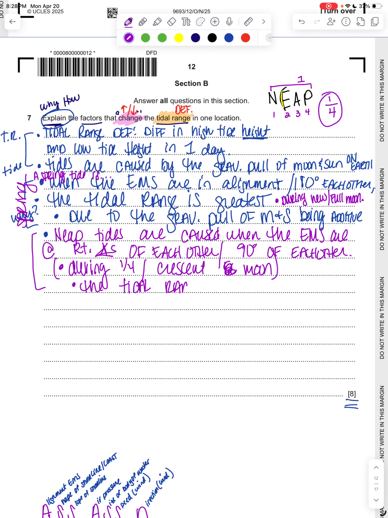The tidal range, so the difference between your high and low tide, is smallest due to the Moon and Sun pulling, or you could say exerting, a gravitational force in opposite directions.